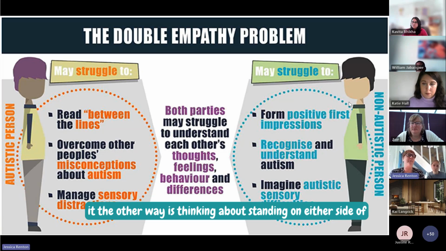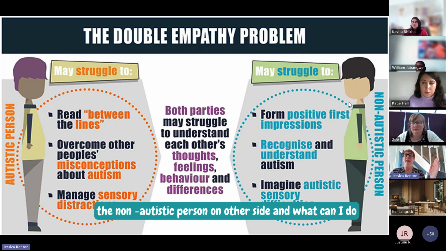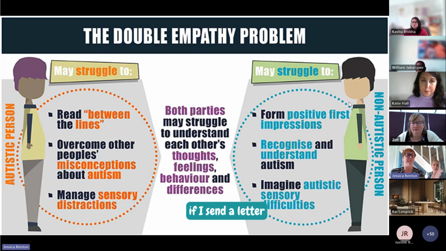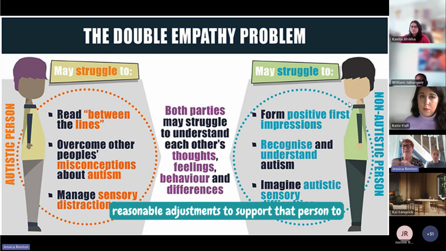The other way is thinking about standing on either side of a bridge. You've got an autistic person on one side and the non-autistic person on the other side. And what can I do differently? So if you're asking someone to come to a first appointment, if I send a letter with a picture of the venue, how to access it, who you might meet, the timing, what questions might be asked, I am making significant, reasonable adjustments to support that person to feel less anxious about that appointment.